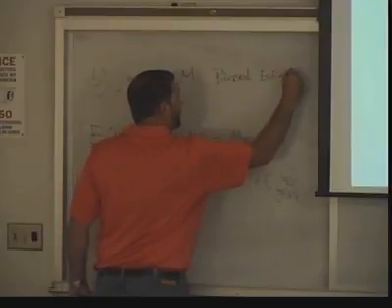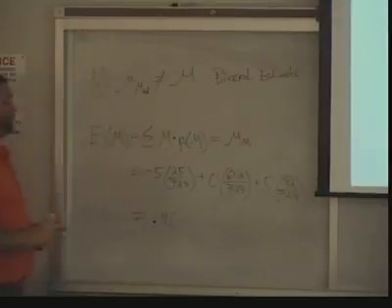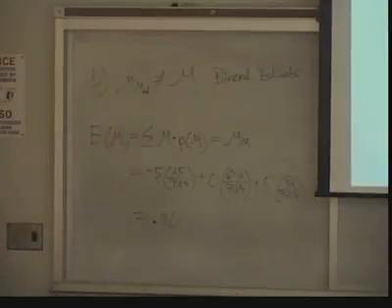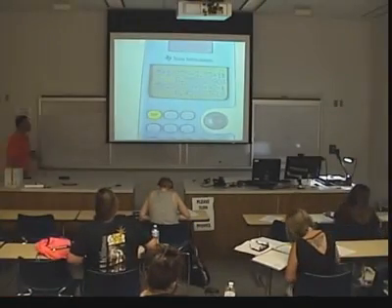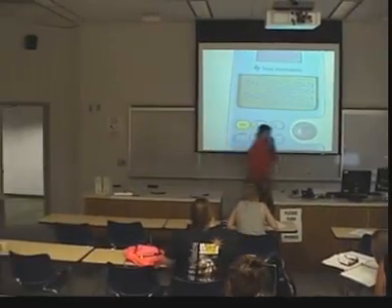Does it overestimate or does it underestimate mu? It underestimates because 0.46 is less than 0.56. So it underestimates. All right. And here we go.